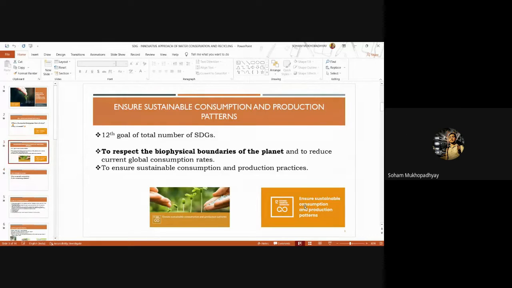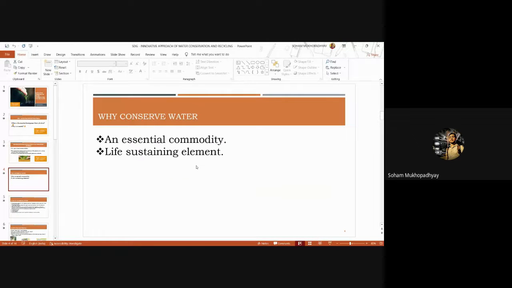So basically, what I explained before about the logo was this one. This is ensuring sustainable consumption and production patterns. So this is the goal I explained. So why should we conserve water, I was telling.